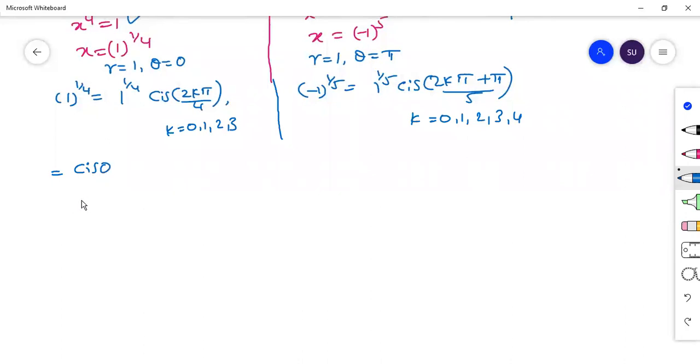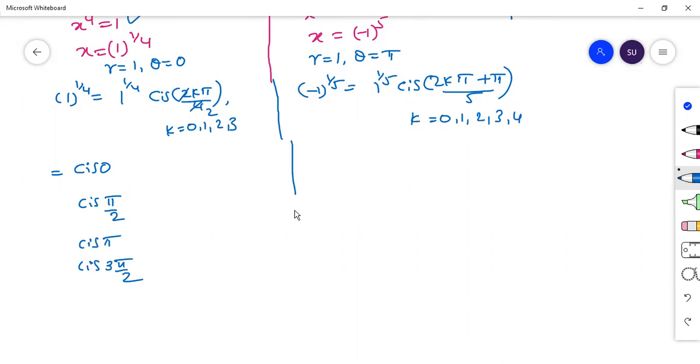Next, if you substitute 1, it is cis π/2. Next, if you substitute k as 2, the 2s cancel and you will get cis π. If you substitute k as 3, that is cis 3π/2.